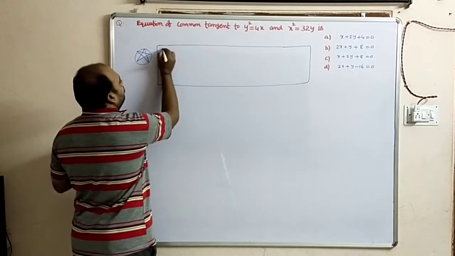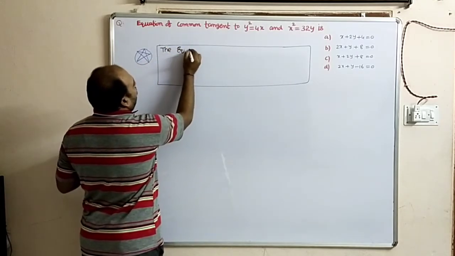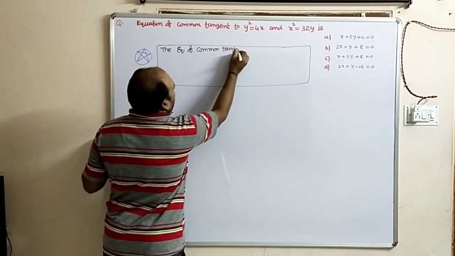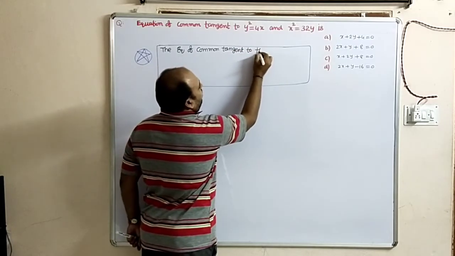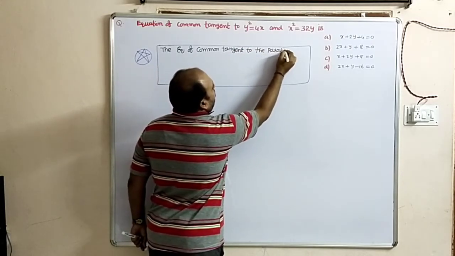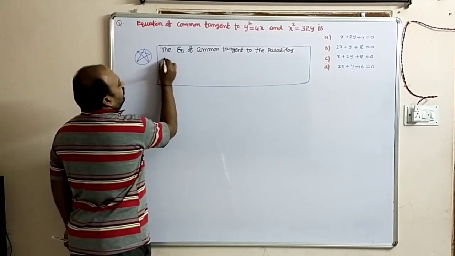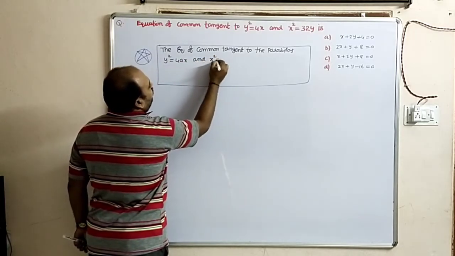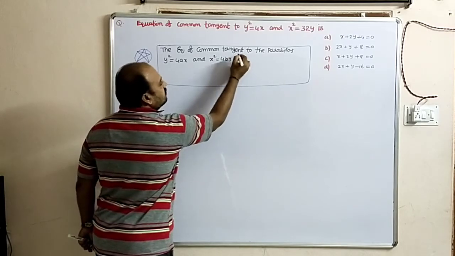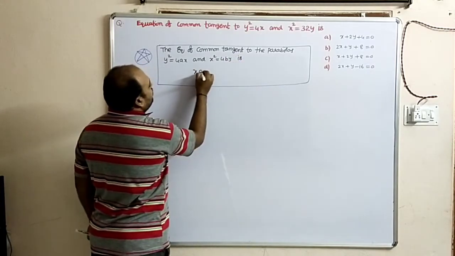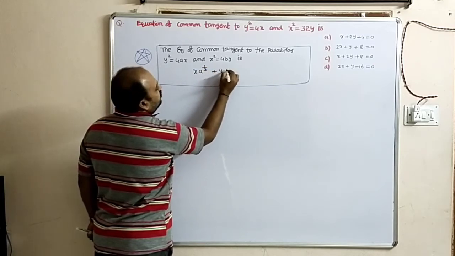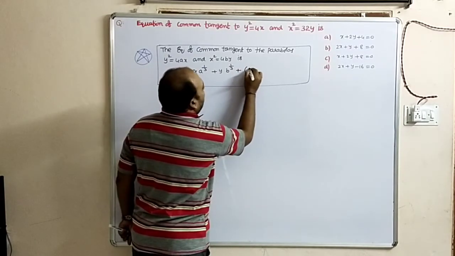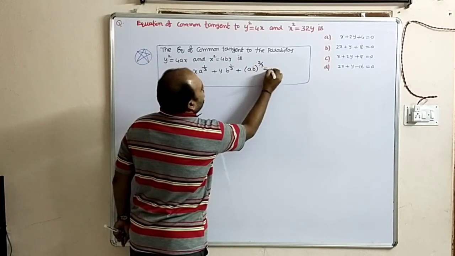The equation of common tangent to the parabolas y square equal to 4ax and x square equal to 4by is x into a power 1 by 3 plus y into b power 1 by 3 plus ab whole power 2 by 3 is equal to 0.